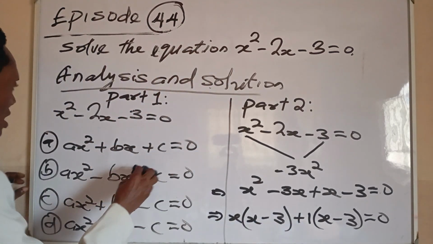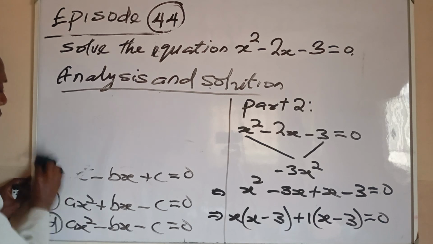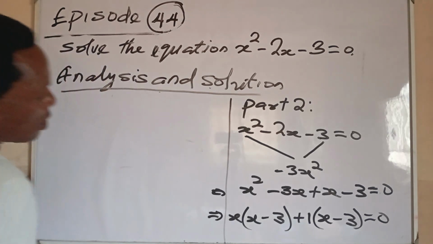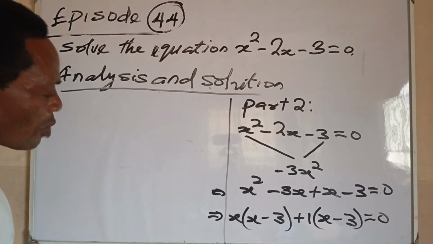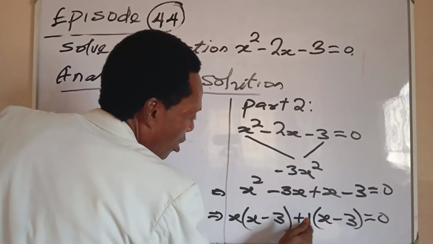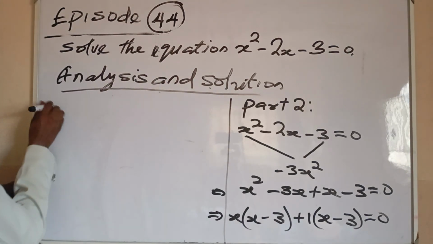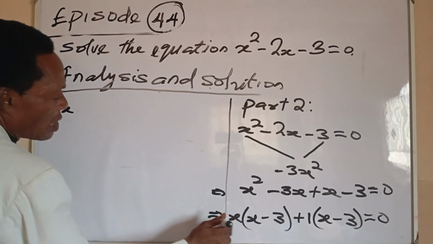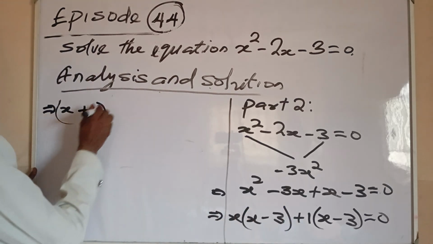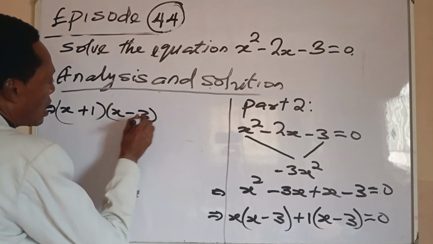So let's move to this side. Okay, so what we now do is this. What we have factored out here and what we have factored out here, we bring them together, which implies s plus 1, open bracket, s minus 3 equals 0.